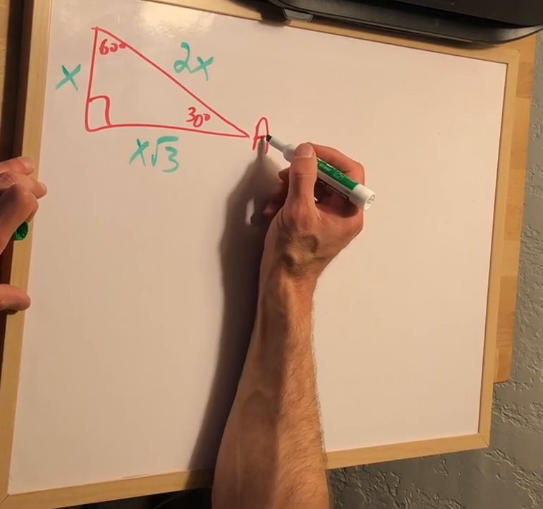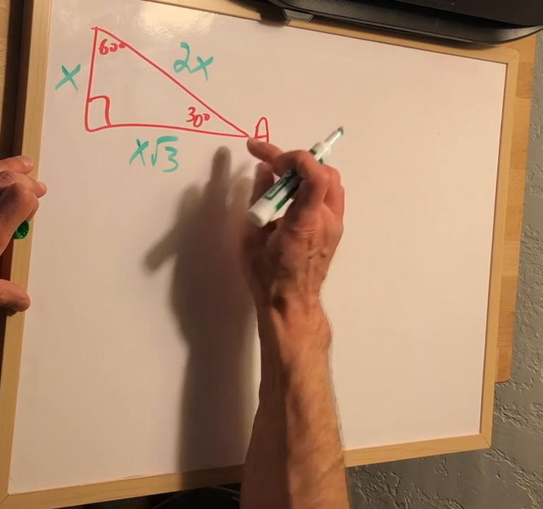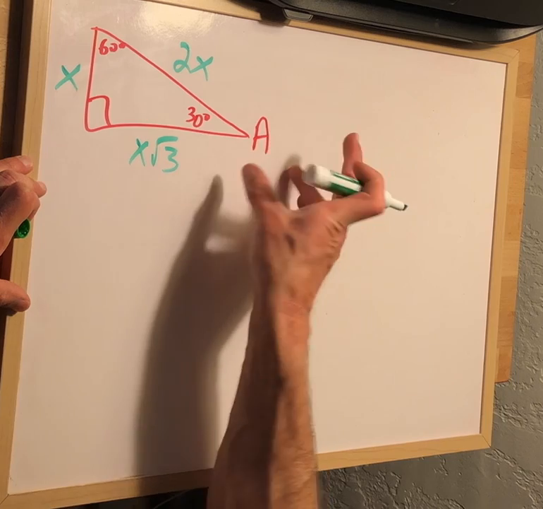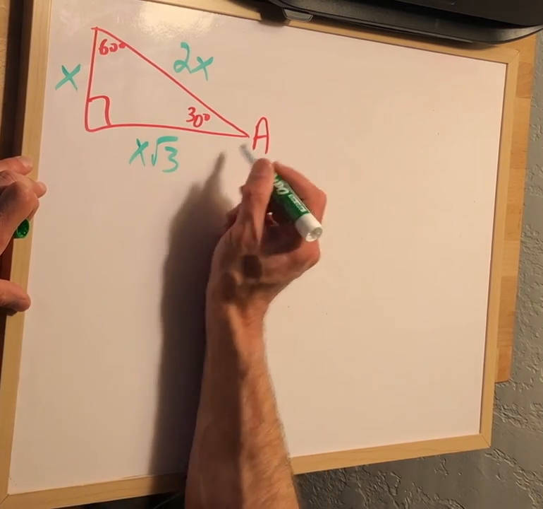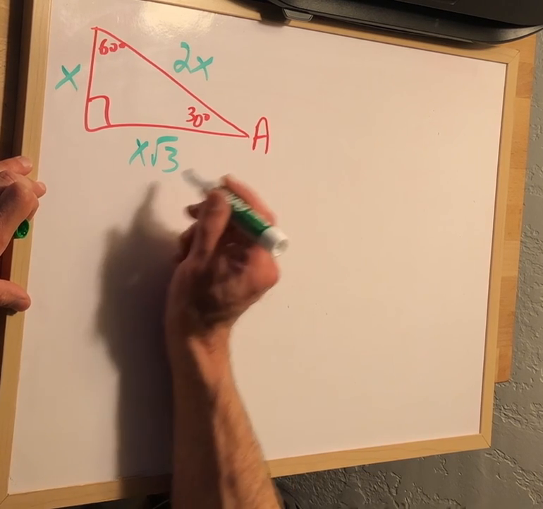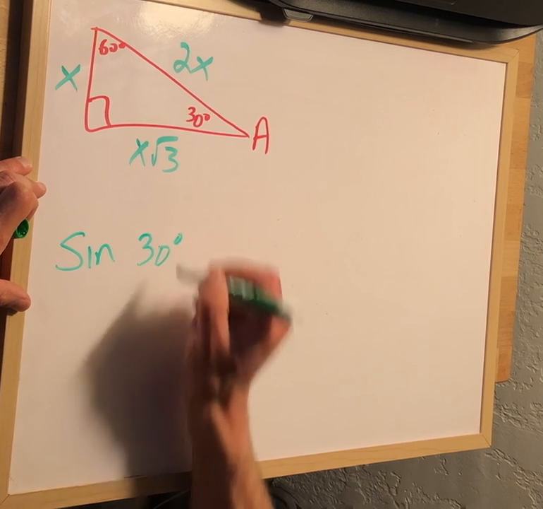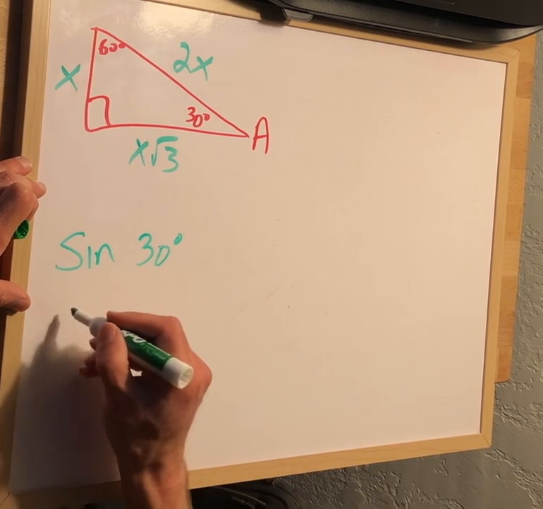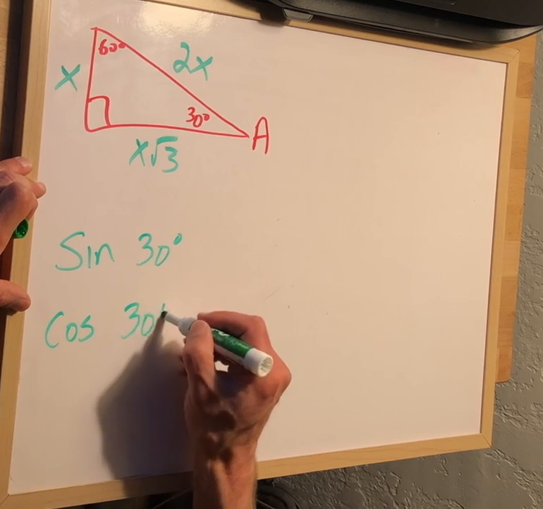Sine of angle A is the same thing as, what is angle A in this specific example? It's 30 degrees. So if I say, what is sine of angle A, which the notes are asking you, it's asking you the same thing as, what is sine of 30 degrees? What is cosine of 30 degrees?